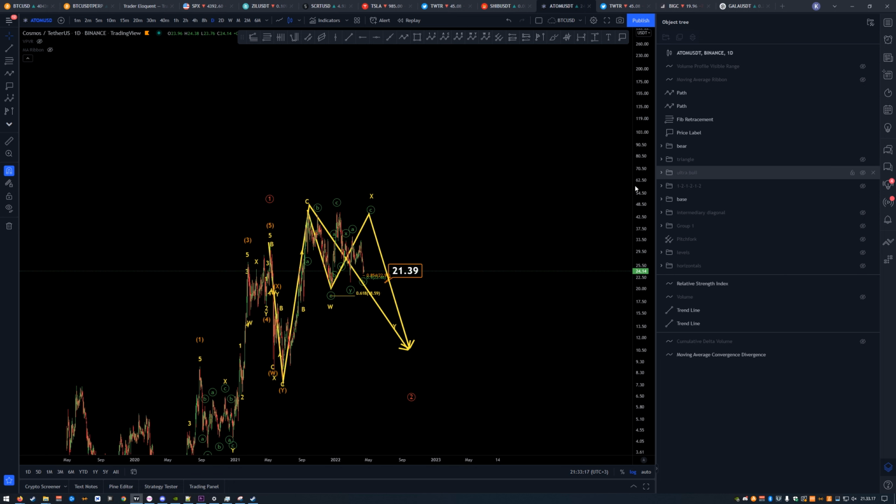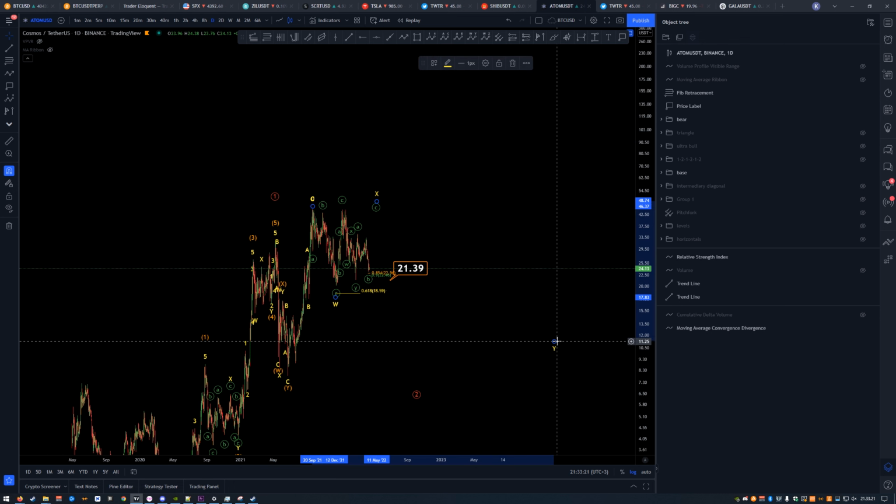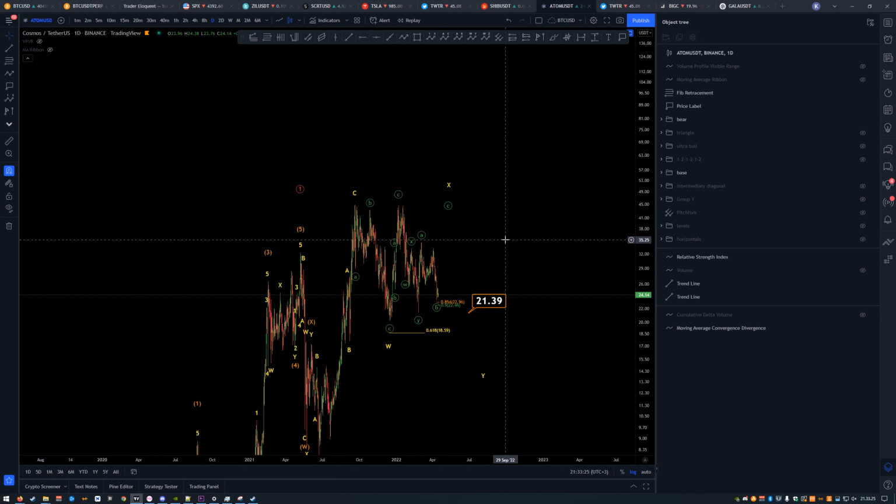But again, I think these are still valid thoughts, at least to practice and see possible outcomes, even if they are unlikely to happen. But yeah, I think those are the things that I wanted to update on Atom or Cosmos.